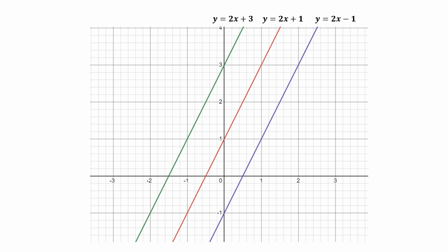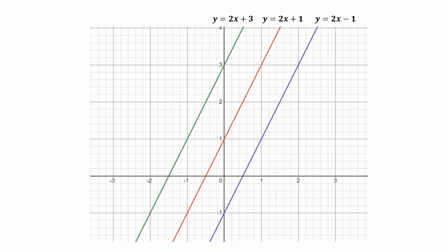So we've got y equals 2x plus 3, and the line crosses the y-axis at the point 3, and for the next one at plus 1, and for the last one at the value minus 1. So it may not surprise you to learn that this term on the end is known as the y-intercept.